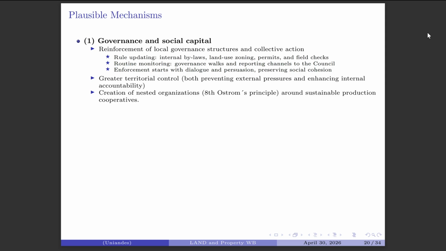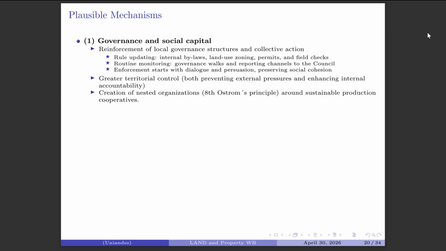The first one is governance and social capital. These projects reinforce the local governance structure and collective action. This gives the community the opportunity to update rules, and also to establish a routine of monitoring the forest.